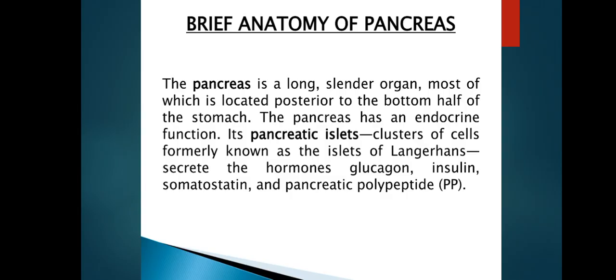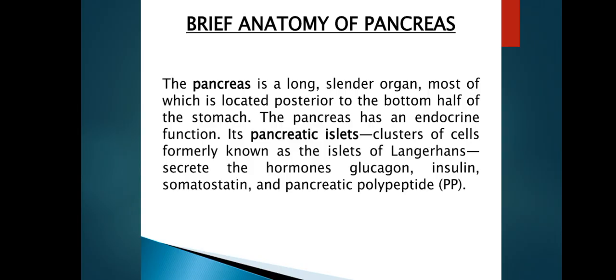In this slide we will discuss the brief anatomy of the pancreas. What is the pancreas? The pancreas is a long cylindrical organ, most of which is located posterior to the bottom of the stomach. The pancreas has endocrine and exocrine functions as well. Its pancreatic islets are clusters of cells called islets of Langerhans, which secrete the hormones glucagon, insulin, somatostatin, and pancreatic polypeptide.